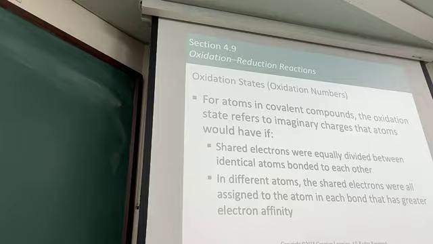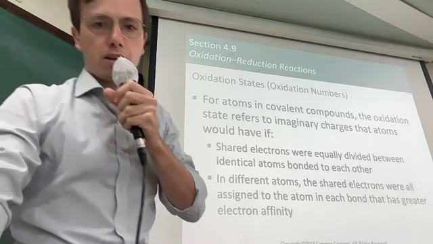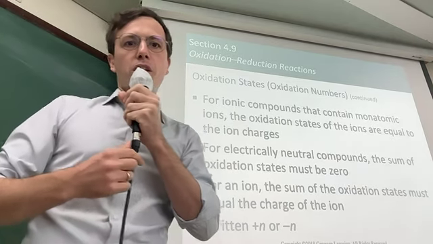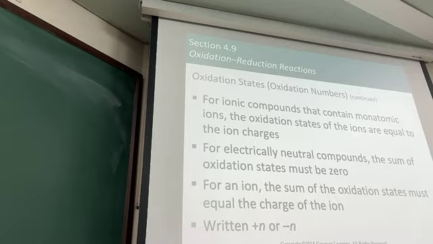Okay, so the oxygen in this case has a higher electron affinity. That's why we assigned it a partial negative charge. And the question will be, can we give it an actual number? And the solution to this is the so-called oxidation number, oxidation state.